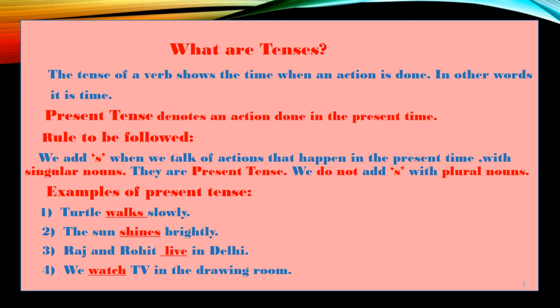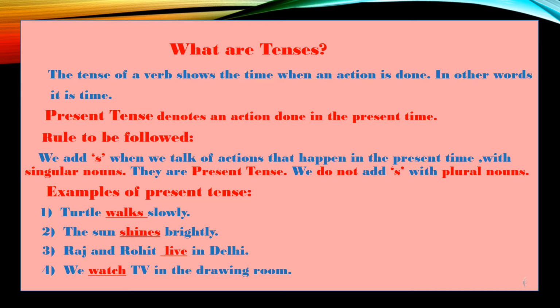Now, what is present tense? Let us understand. Present tense denotes an action done in the present time. Denotes means it tells us about an action that is done regularly, in present time, that you have been doing or you are still doing.